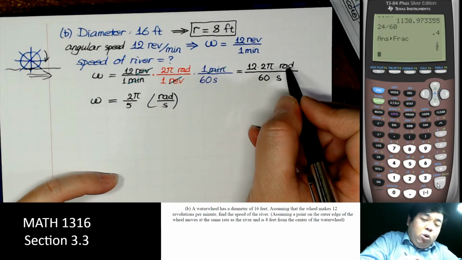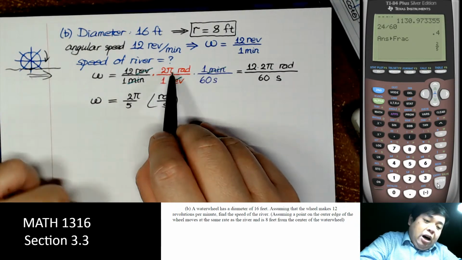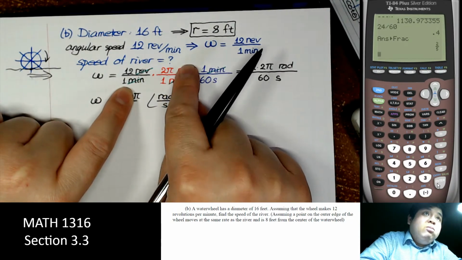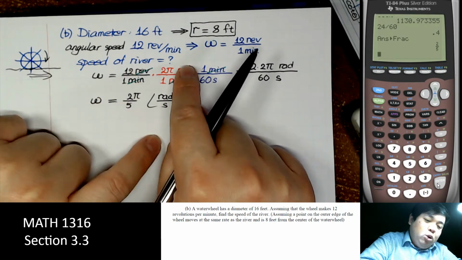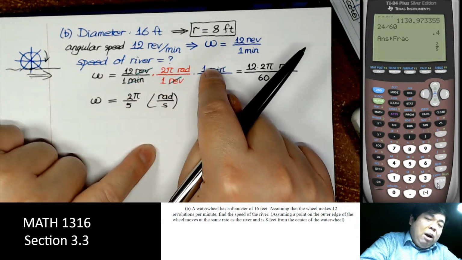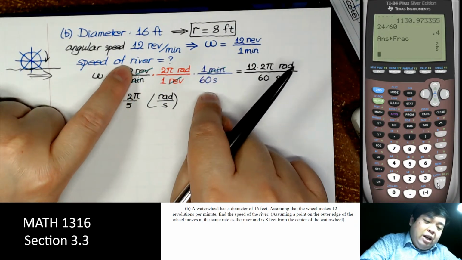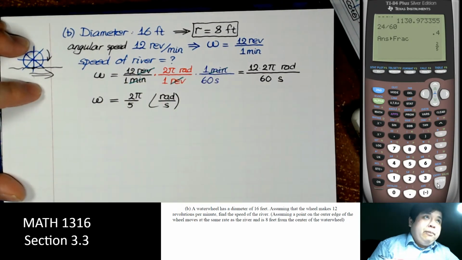If we want radians per second, then we convert like that. 1 revolution to 2 pi radians. Put the revolution at the bottom to cancel with that. 1 minute is equal to 60 seconds. Put the minute on top to cancel, and we reduce to that.